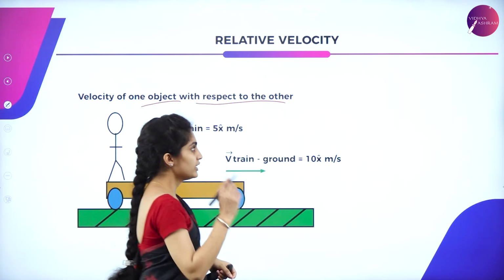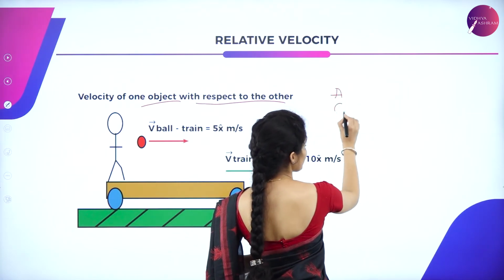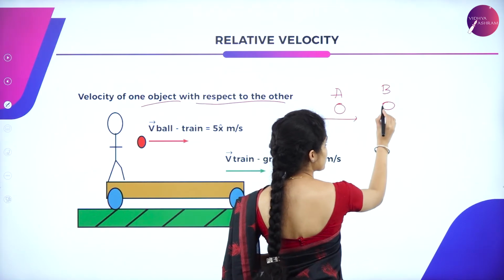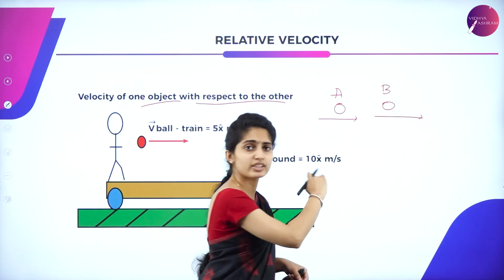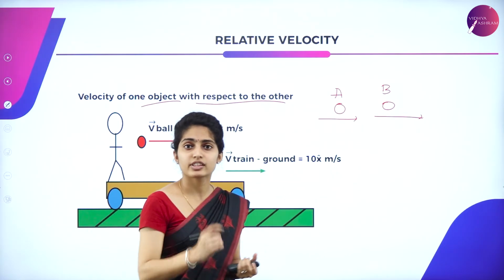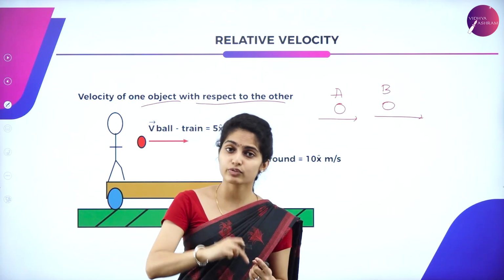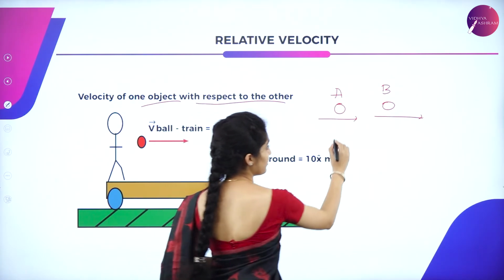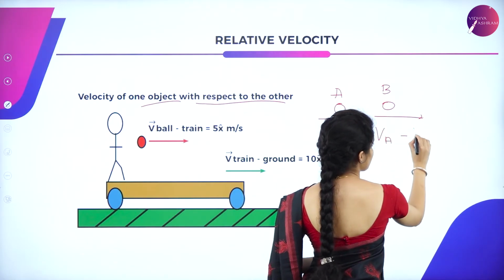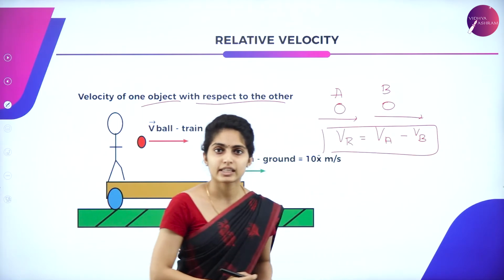Similarly, a simple example: if this is an object A and this is an object B, and object A is moving as well as object B is moving, both along the same direction. With respect to the view of B, that is the relative velocity of A with respect to B, it can be given as VR, the relative velocity of A with respect to B. This is how it goes, and it is in the same direction.